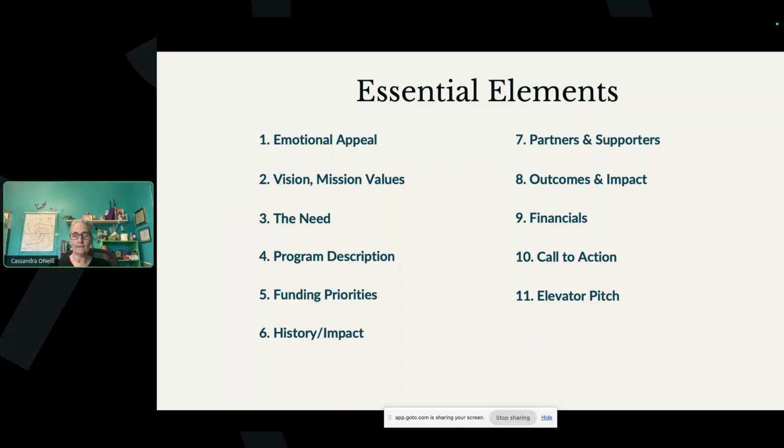So one of the things that you're all going to have access to is a set of handouts that talk about these elements and a tip sheet on how to create these for your organization so that you have them ready to go, so that you can see these sections, outcomes and impact, that goes straight to the results. Financials goes straight to money and what you need, how you spend money, your funding priorities, same thing. So all of these elements are included in this template.